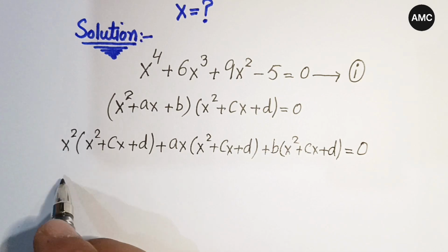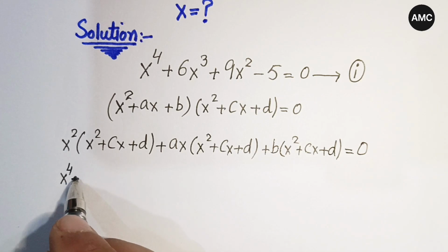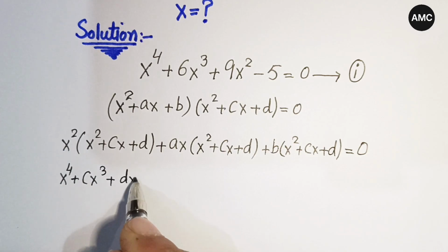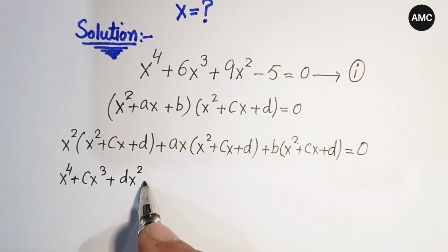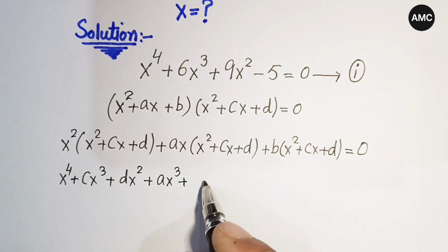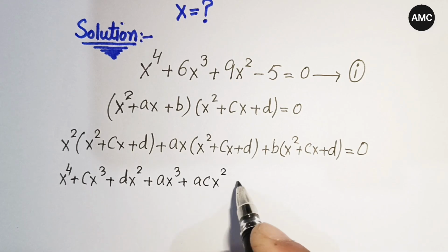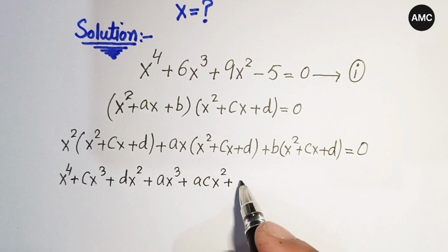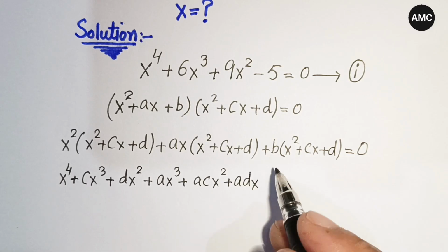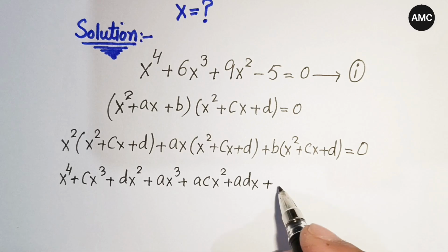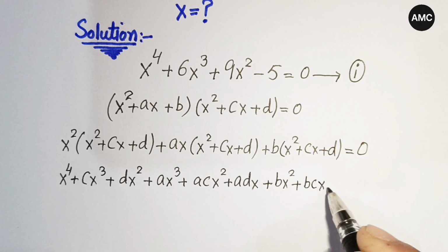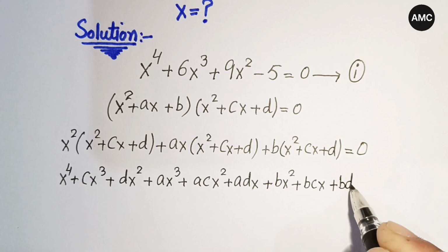Here x squared times x squared is x to the power 4, plus c x cubed plus d x squared. Similarly, here we will get plus ax cubed plus ac x squared plus a times d, so adx. Now multiplying this b into parentheses, we will get bx squared plus bc times x plus b times d is equal to 0.